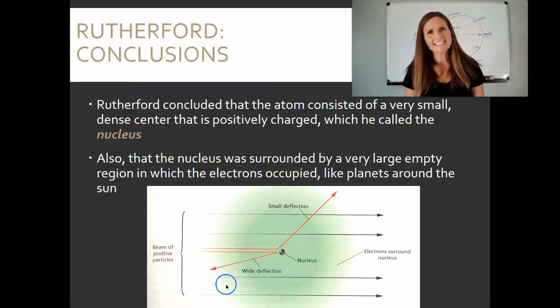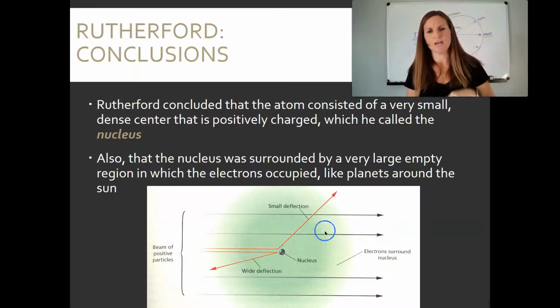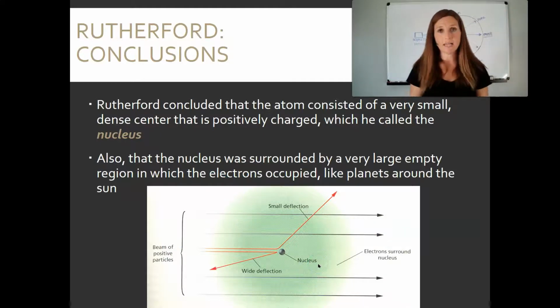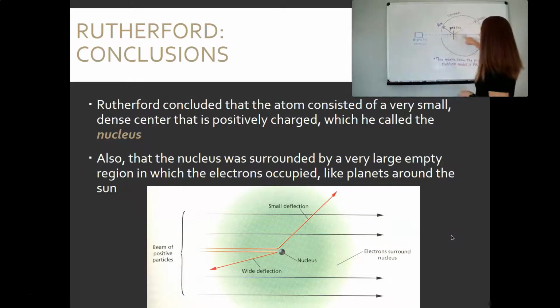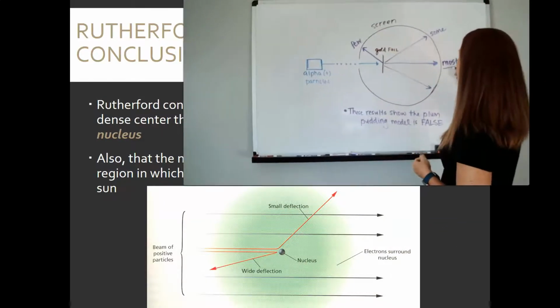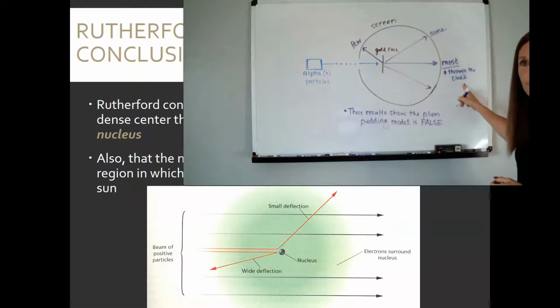As the particles pass through the electron cloud, if they go through just the cloud, they go straight through. That's the most that we see here. These ones went through the cloud.